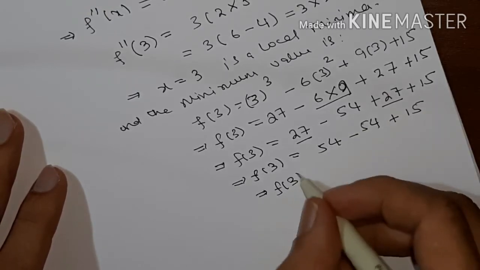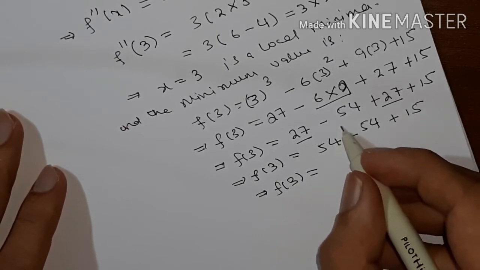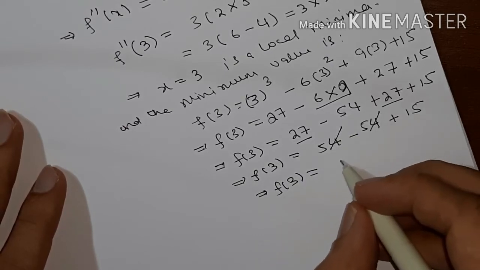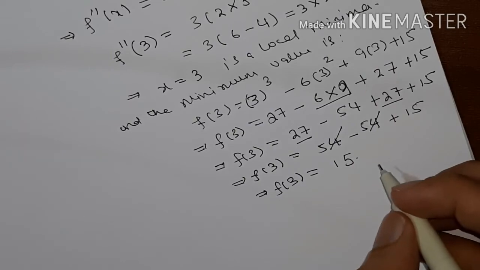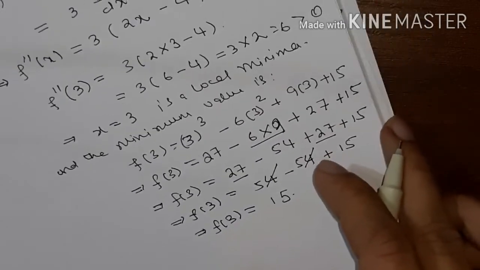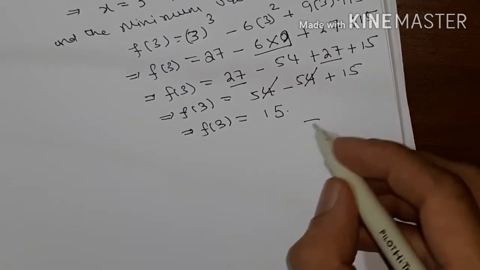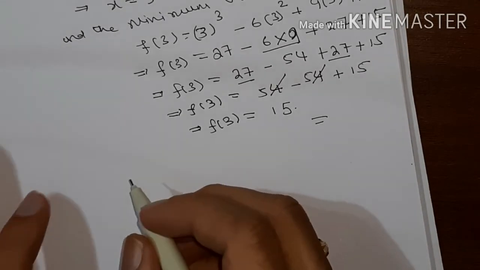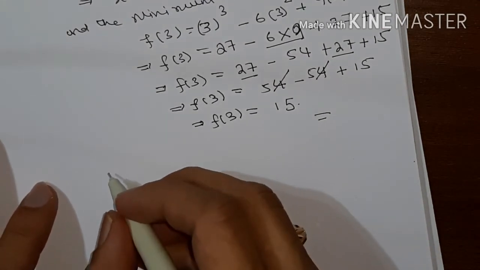The 54 and minus 54 get cancelled, you get 15. So the local minimum value is 15.